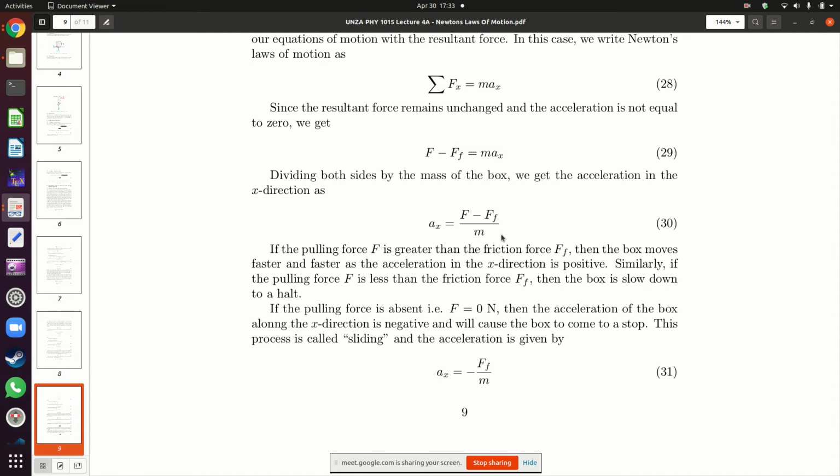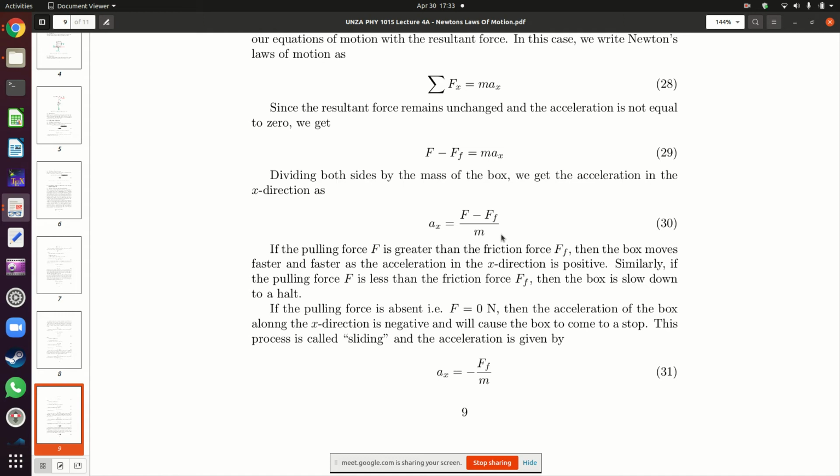With this acceleration, if you know the initial velocity, you will be able to predict using the equations of motion: v is equal to u plus at, s is equal to half (u plus v) multiplied by t, or s is equal to ut plus half at squared, or v squared is equal to u squared plus 2as.